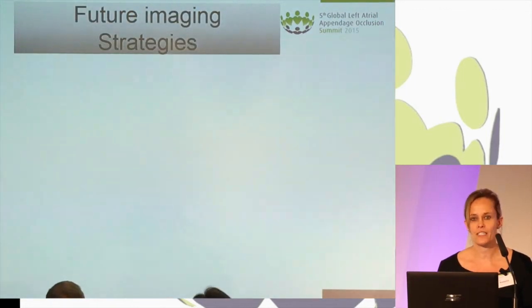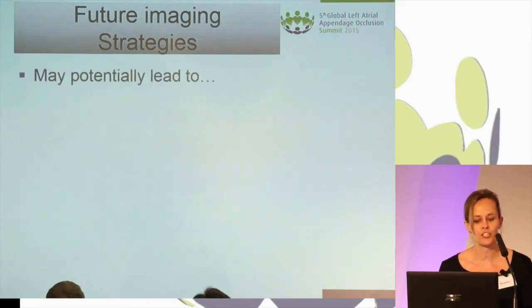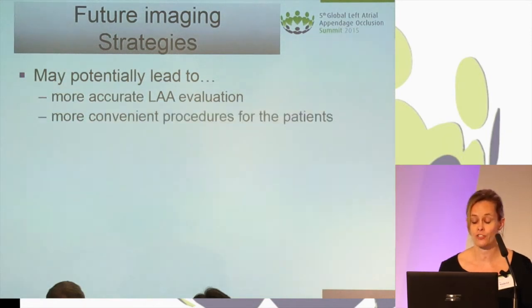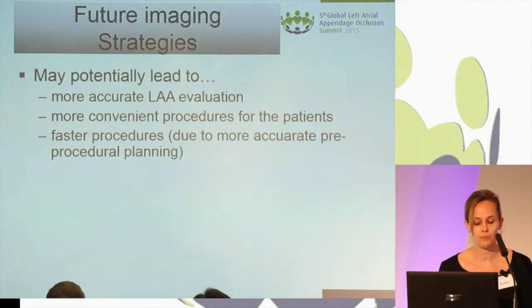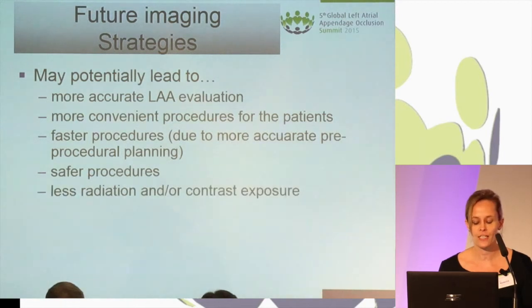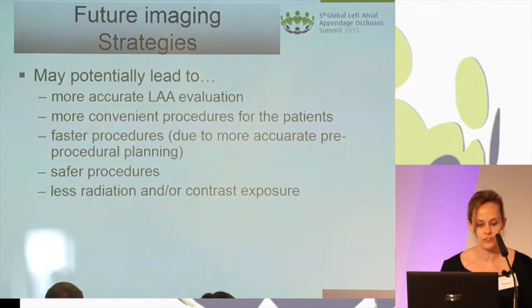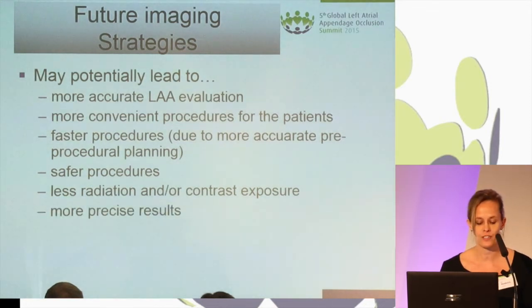So to summarize, the future imaging strategies we saw here may potentially lead in future to more accurate left atrial appendage evaluation, to more convenient procedures for our patients, to faster procedures, due to a more accurate pre-procedural planning, maybe to safer procedures. So this would be a big deal, I think, if we could save radiation or contrast exposure for our patients. We may get more precise result, and I agree with my previous speaker.